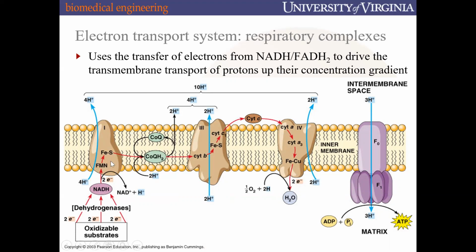These are transferring the electrons from the reducing equivalents, and as they do this, they facilitate the movement of protons from the mitochondrial matrix to the intermembrane space, creating a proton gradient. You can see the aggregation of these protons in the intermembrane space, creating an electrochemical gradient.